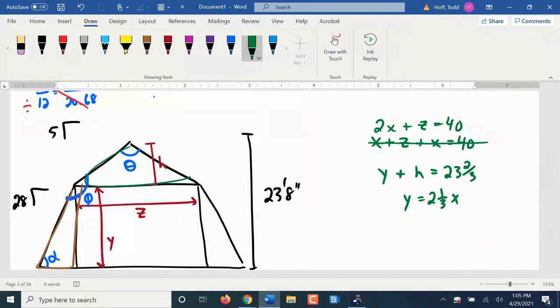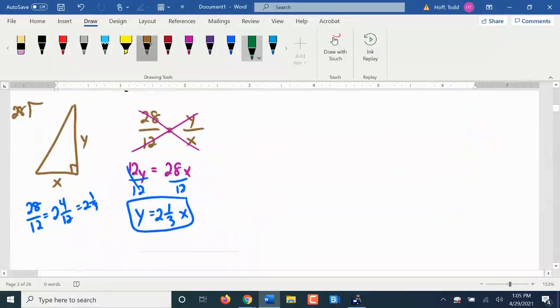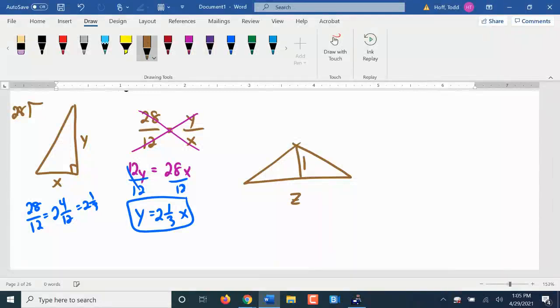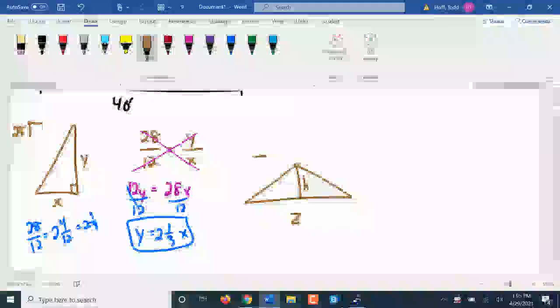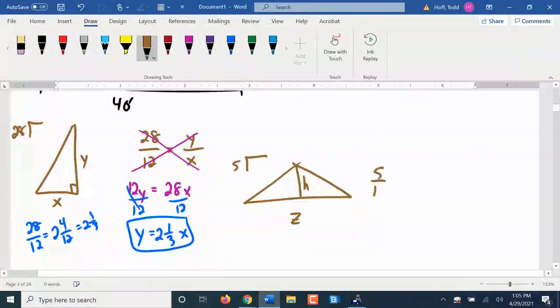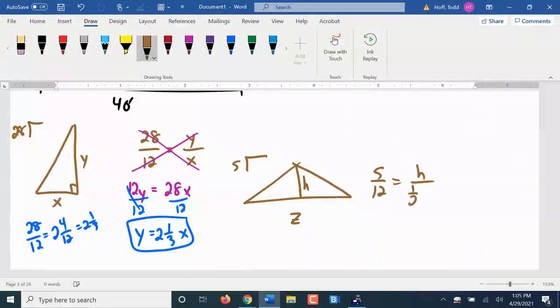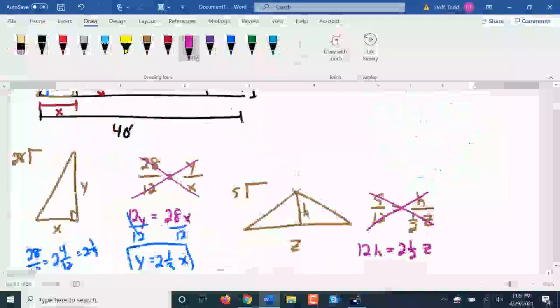Next, I'm going to look at this piece up here to relate z and h. So I got a width here of z, a height of h, and that was a 5/12 slope. I know that 5/12 equals h over, not over z, but over half of z. So when I cross multiply here I have h times 12, which is 12h. Here I have 5 times 1/2 z, which is 2.5z. Now let's solve for z.